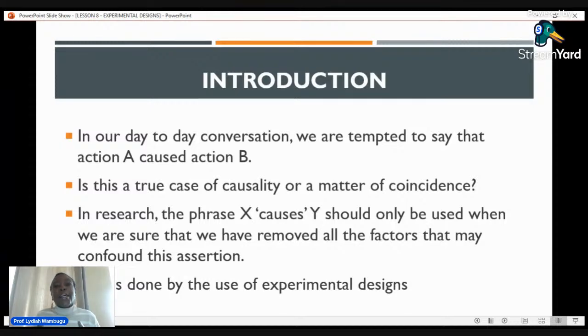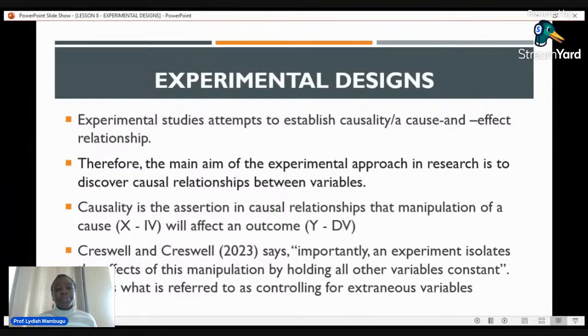And that is why experimental is treated like a special design, because this is the only design where you can confidently say that X causes Y, as long as you have removed all the other factors that may confound this assertion. And in experimental designs, you have randomly assigned and randomly selected, and we'll be discussing that.